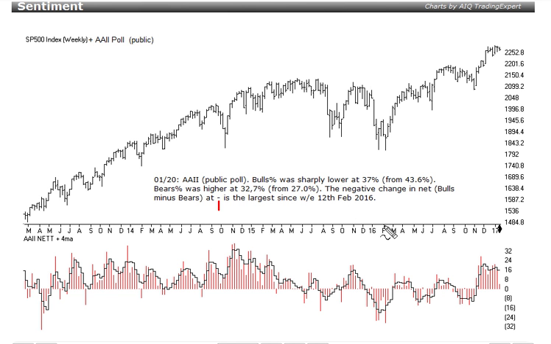Just to make sure you've got that, that's the negative change in the net position from last week to this week. That's the largest since the 12th of February 2016, which, as we know, is close to the market low here. Just looks like nerves in here, and also in that Rydex ratio from the retail investor.